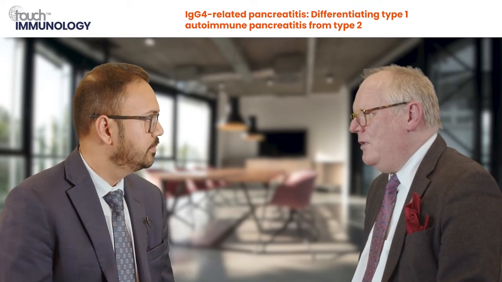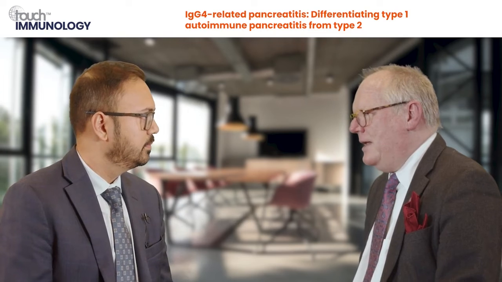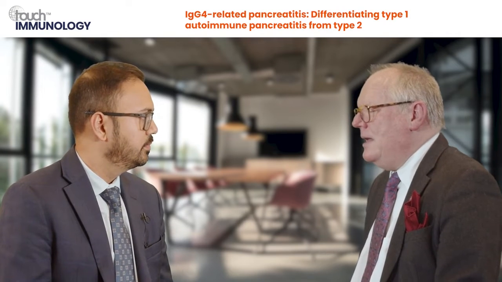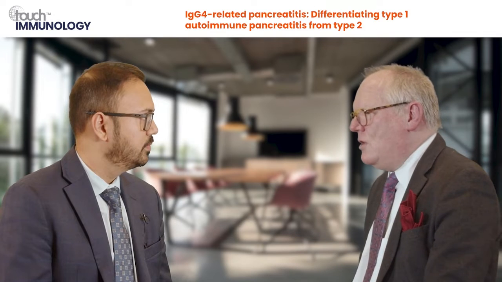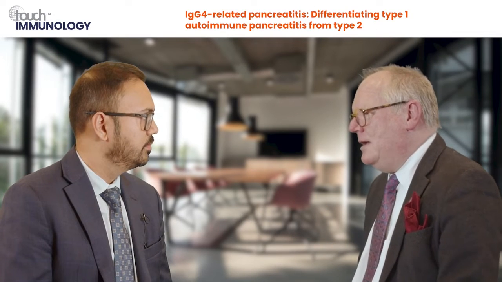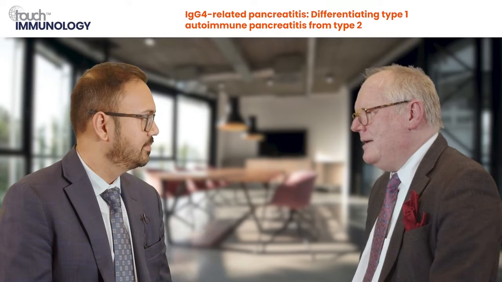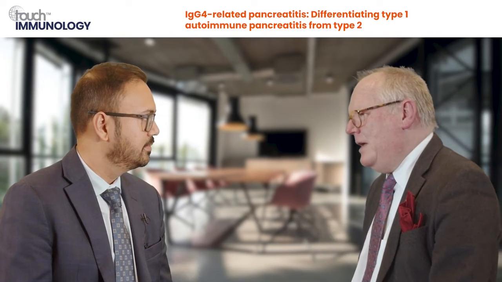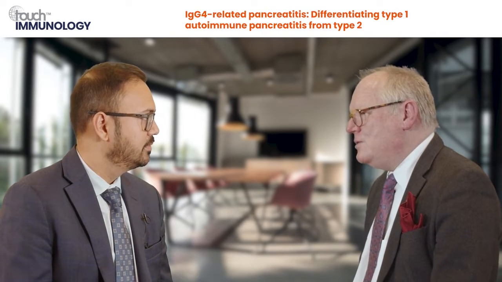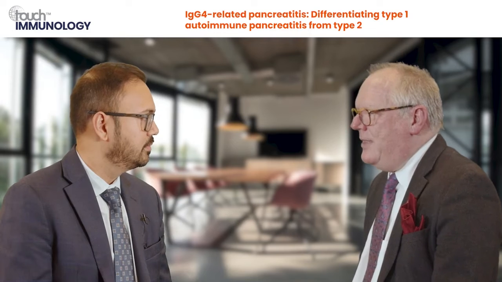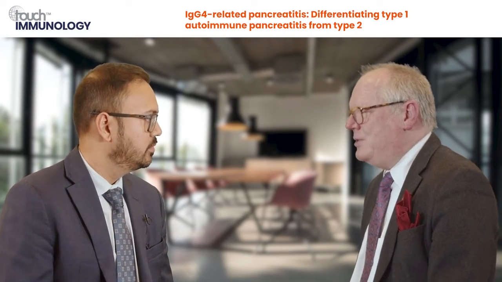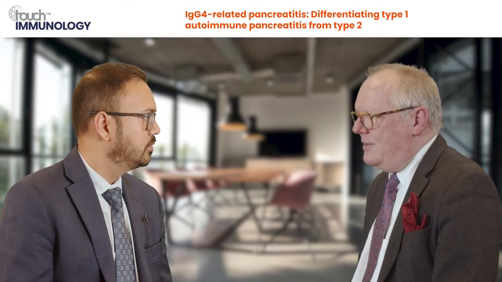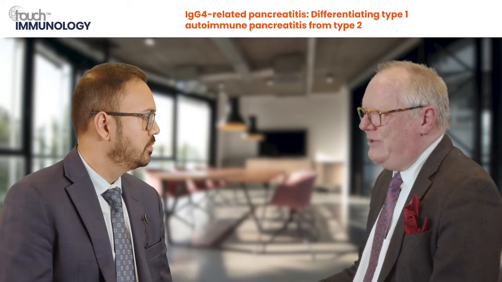Now, IgG4-related disease, that is autoimmune pancreatitis type 1, mostly presents as a homogeneous swelling. It's also called the German Bratwurst in MRI or CAT scan, but it can also have a tumorous lesion, a swelling in the pancreatic head, and that would be something you would also see in type 2 autoimmune pancreatitis. So that is really maybe the only real overlap.